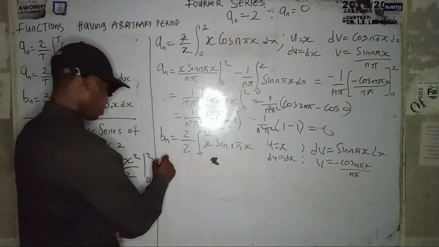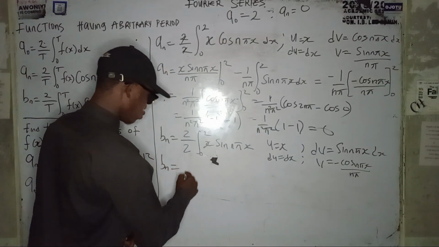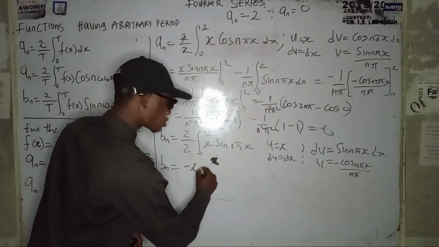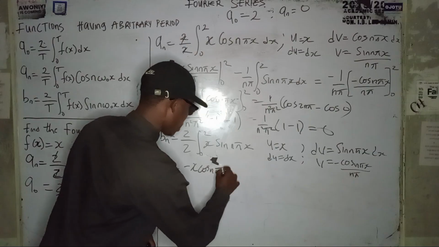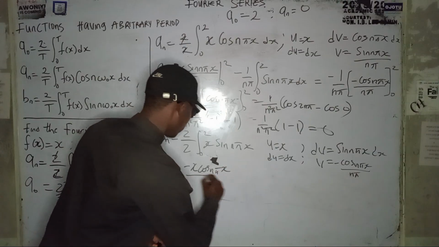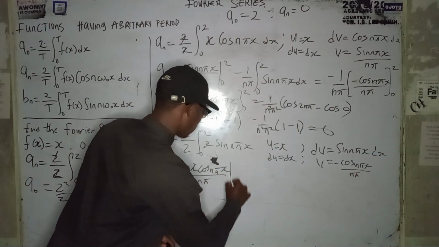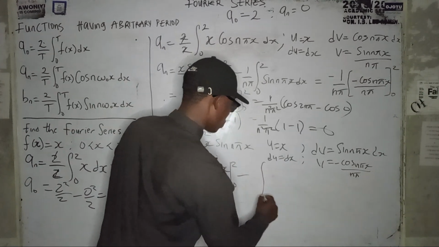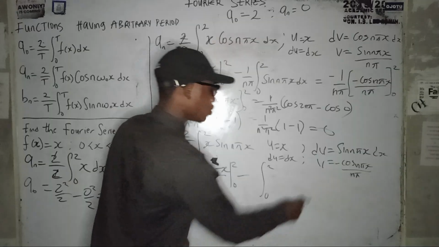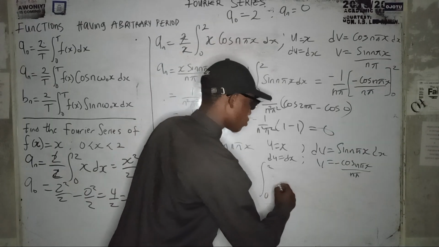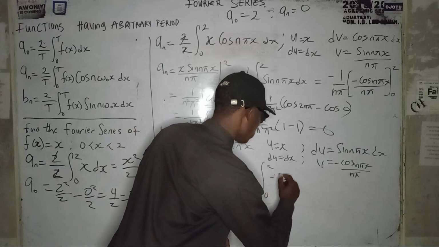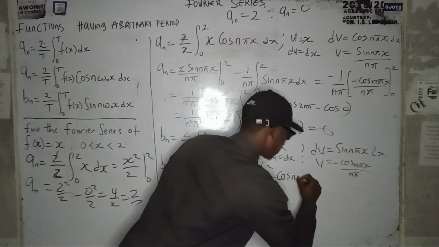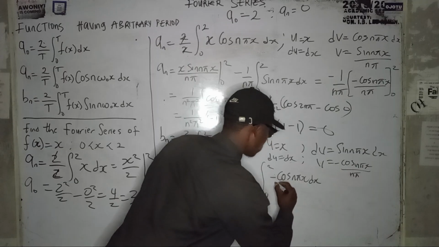So now since I have gotten this, we can just use our integration by parts. We have bn is equal to, this integration here is going to be equal to uv, we have minus x cos n pi x over n pi from 0 to 2 minus the integration from 0 to 2 of v du, which is minus cos n pi x dx over n pi.